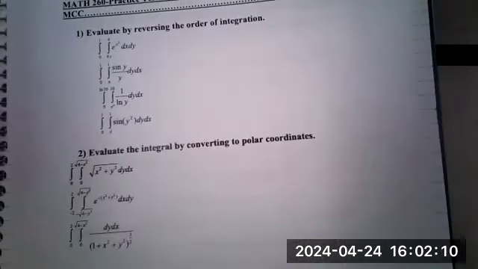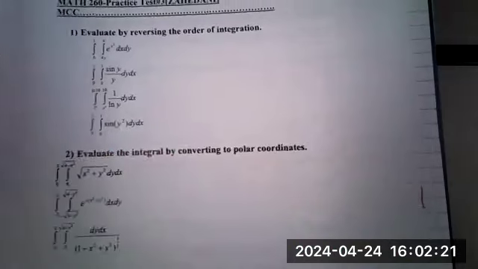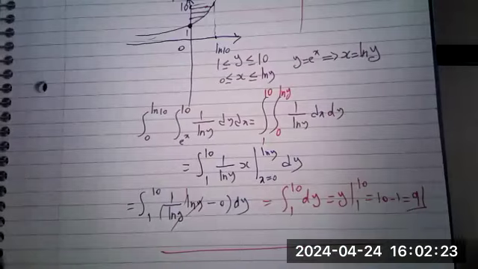I'm going to do part D. You have to integrate sine of y squared. Again, it's not possible; you need u prime. So the integral from 0 to 1, x to 1, of sine of y squared dy dx. I'm going to go to the next page and give you this part.